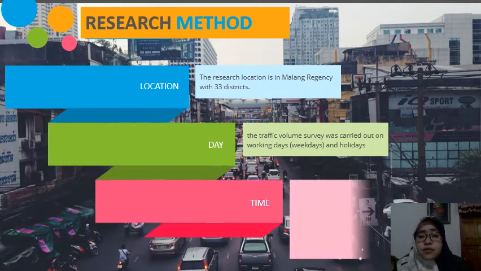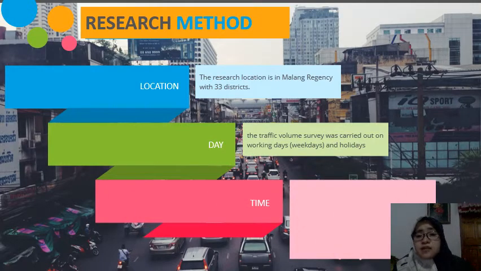My research methods. The research location is in Malang Regency with 33 districts. The traffic volume survey was carried out on working days, weekdays, and holidays.